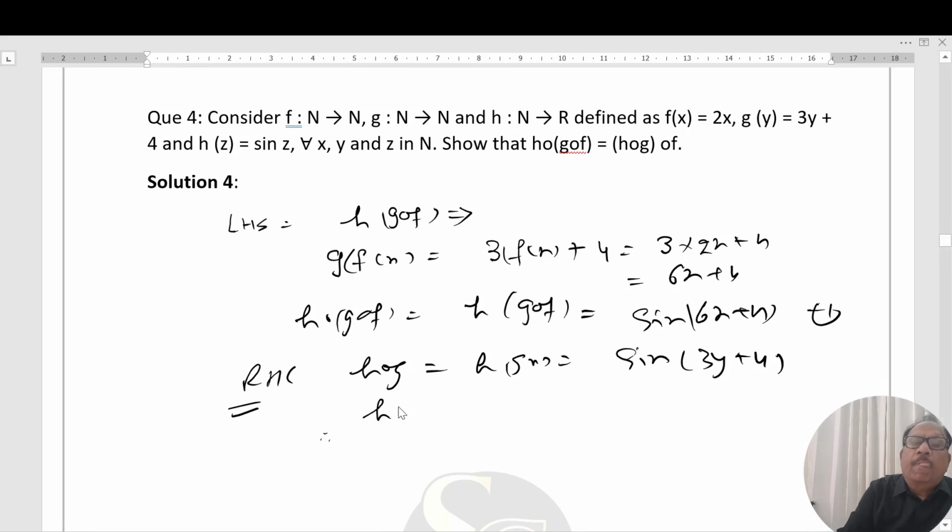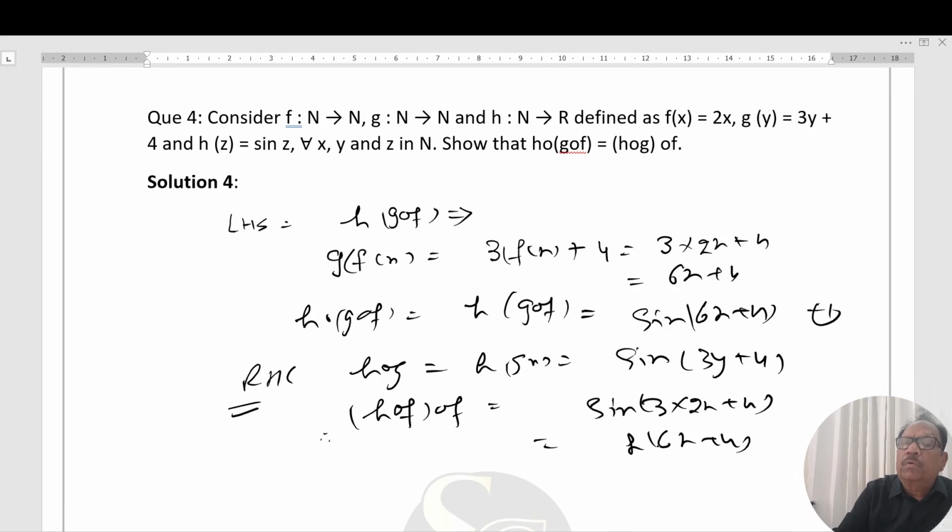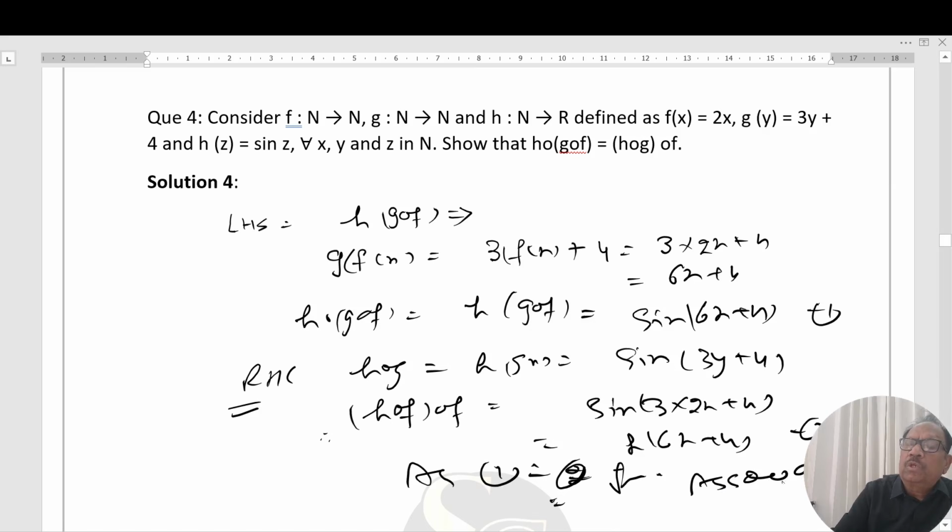Therefore, (h o g) o f: in the function, put sin(3 into 2x + 4). This comes out to sin(6x + 4). Right? This is equation 2. As equation 1 equals equation 2, therefore proved; the associative property is proved. Associative property is proved. Right?